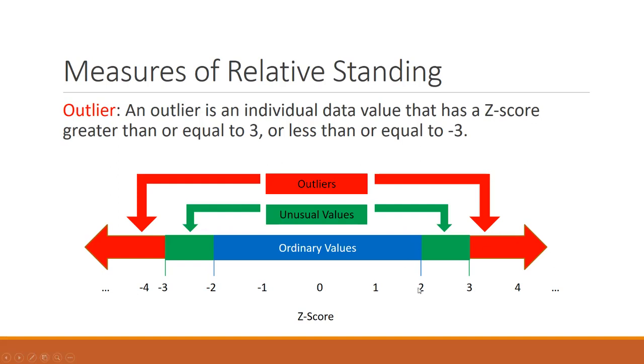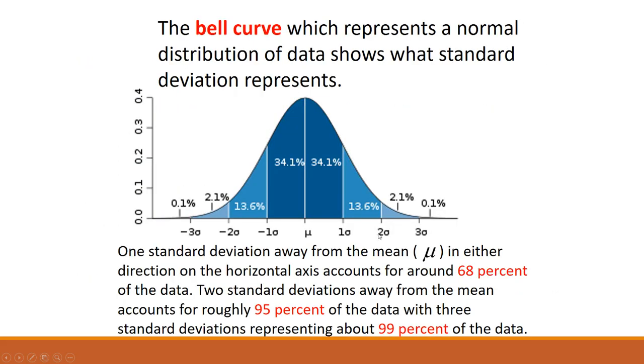Even if we go out to maybe 2, we're looking at ordinary values in our data set. But once we get out between 2 and 3 standard deviations away from the mean, out here, there's a pretty low probability of finding a value in this range.